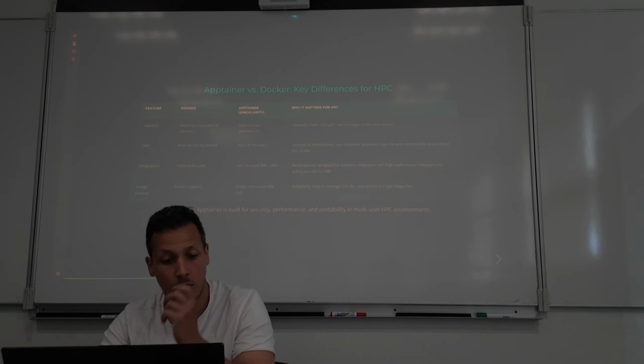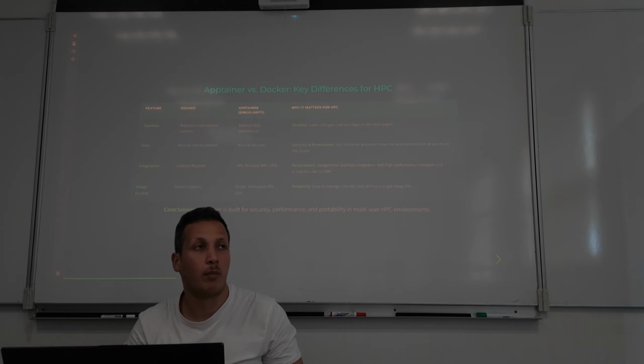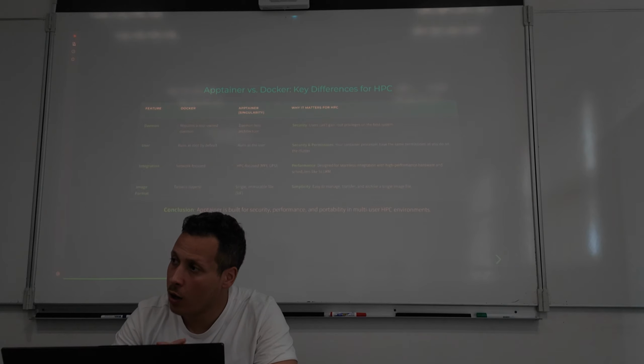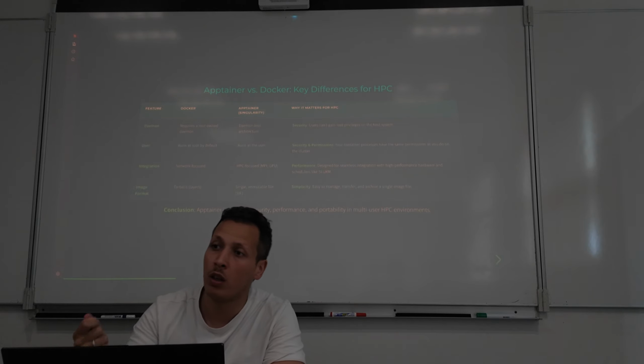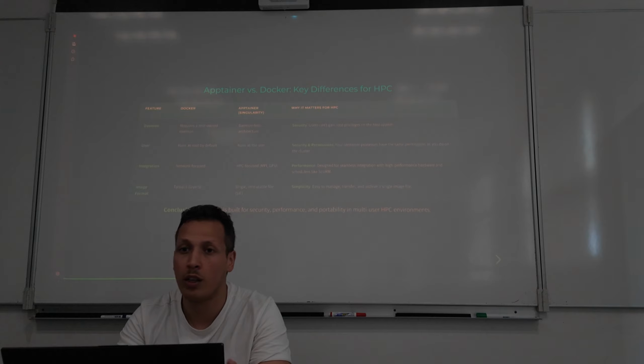Now comes the actual battle between Docker and Singularity. As I mentioned earlier, every script that will be run inside the cluster runs through an image, through a container. And there are today two types.